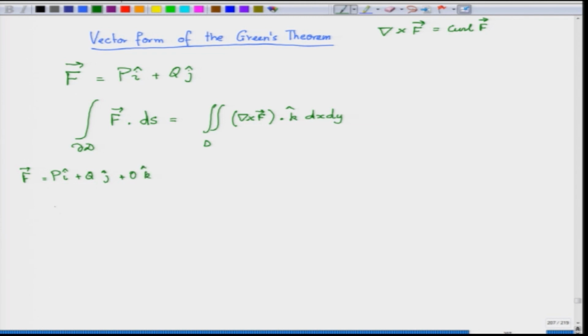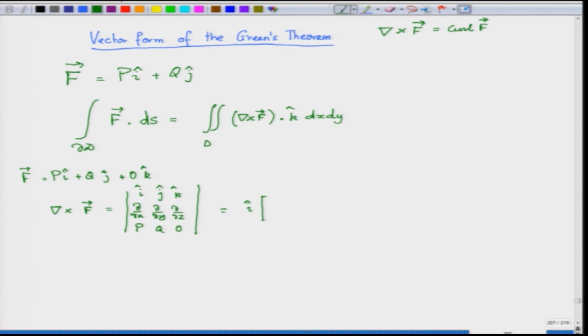So, curl of f is the determinant with rows i, j, k; del x, del y, del z; p, q, 0.